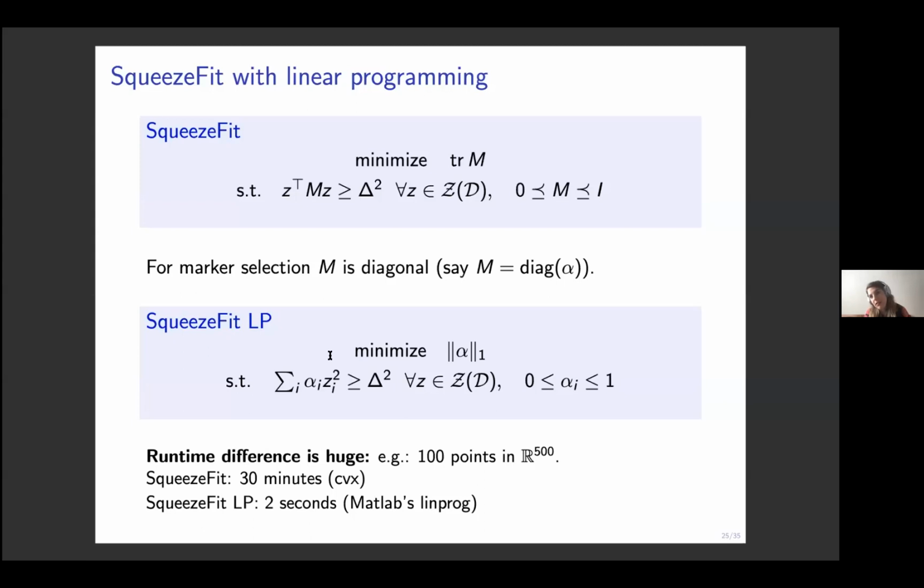This is a simple linear programming formulation of the marker selection problem, but it's also a natural simplification of the SqueezeFit problem. And there is a huge runtime difference between running a semi-definite program and running a linear program. That makes the problem actually feasible for these large single cell data sets.